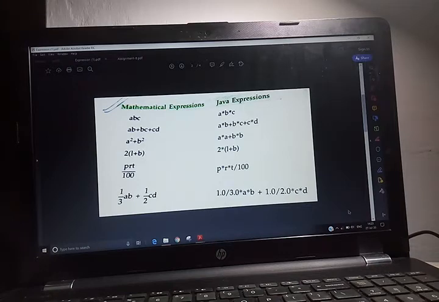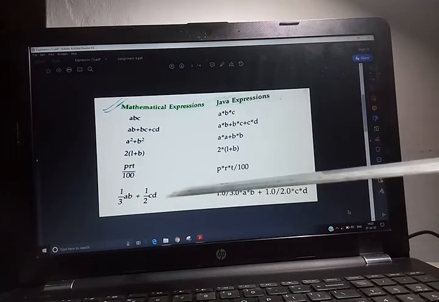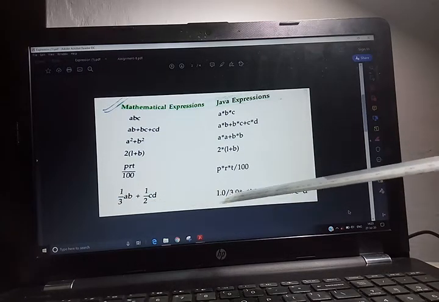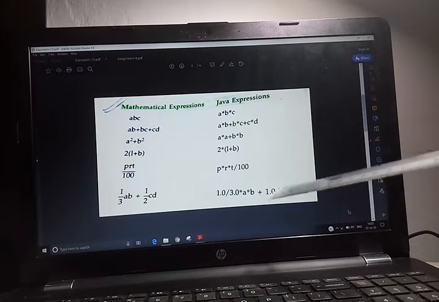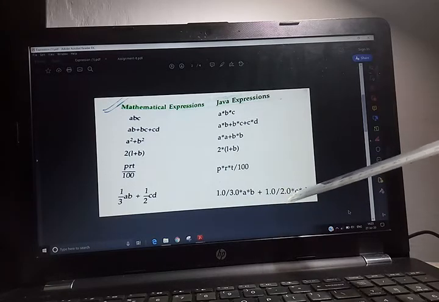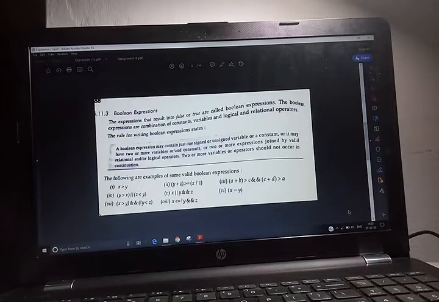Then PRT divided by 100. Then 1 upon 3, multiplied by A multiplied by B; then (A plus B) divided by 2, multiplied by C and multiplied by D. These are all mathematical expressions. I have given you some expressions in the assignment. You have to write them in Java.